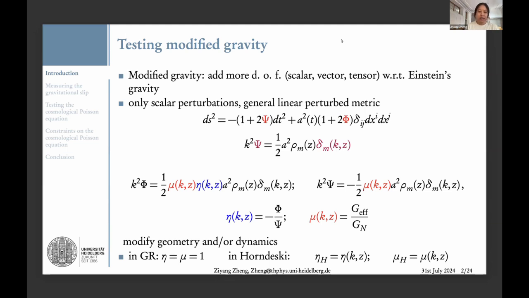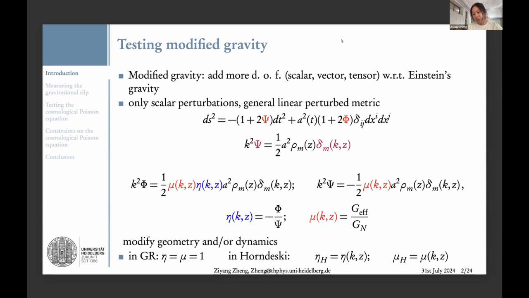Phenomenologically, in order to describe modified gravity and deviations from this standard Poisson equation, people introduce 2 free functions. The first function is eta, which is the ratio of these 2 gravitational potentials and tells us the deviation of geometry, the deviation in kinematics.